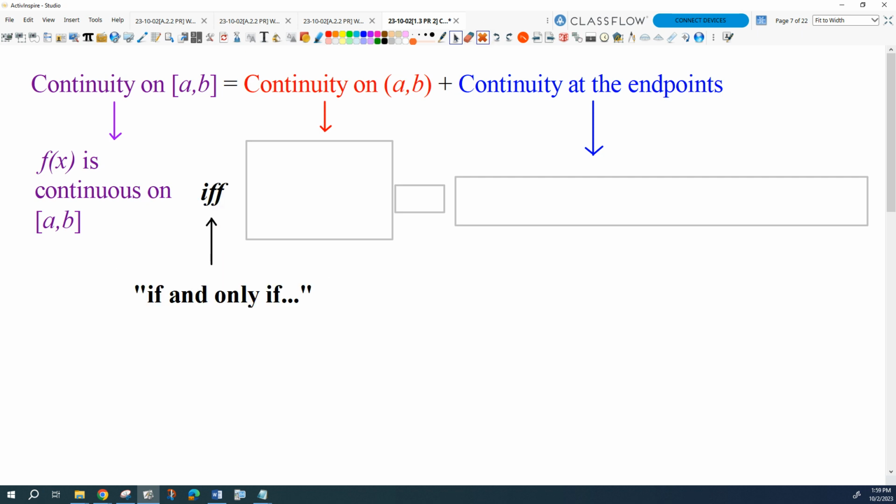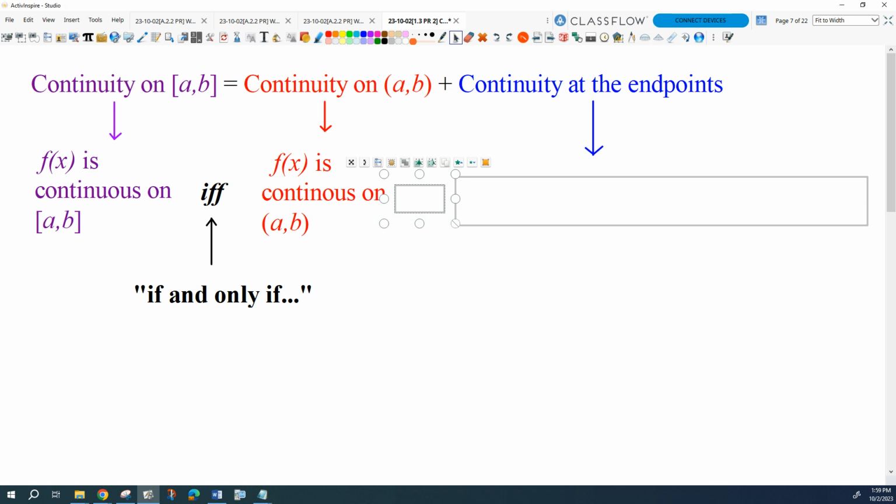If and only if. How do I say continuity on open interval? Well, just say it. F of x is continuous on the open interval from a to b, and, well, I guess we just said and, that's fine.